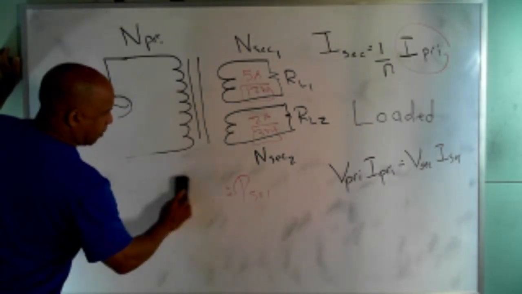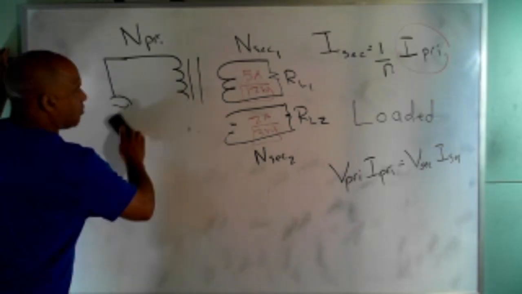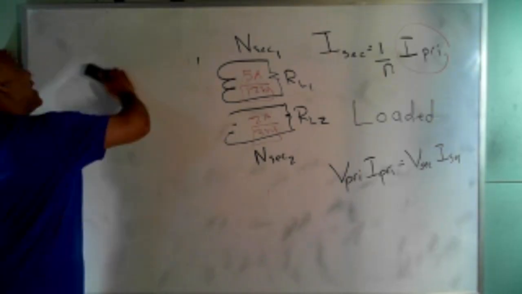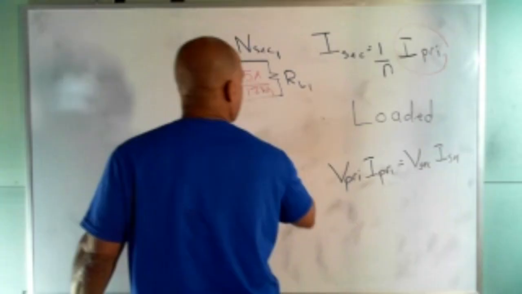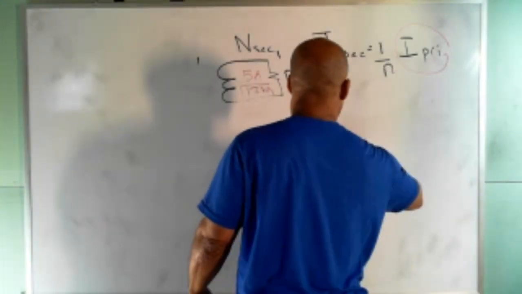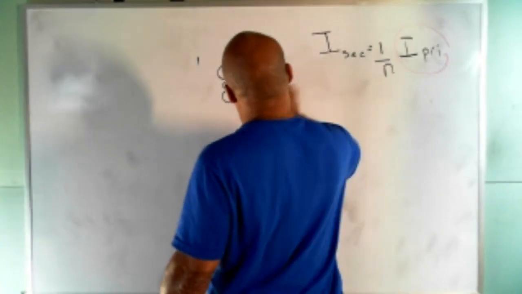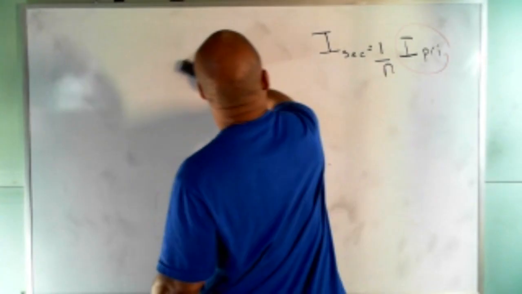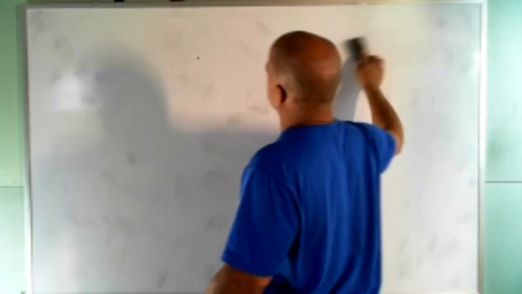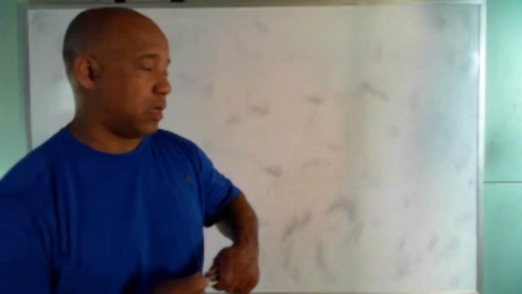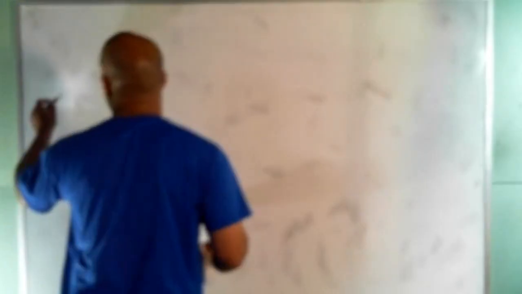I'm going to give you one of the homework problems that I'm going to post for you to do, and I want you guys to work it. All right, so here's the problem. I want you to do this problem.